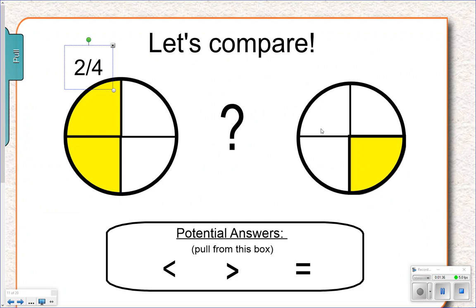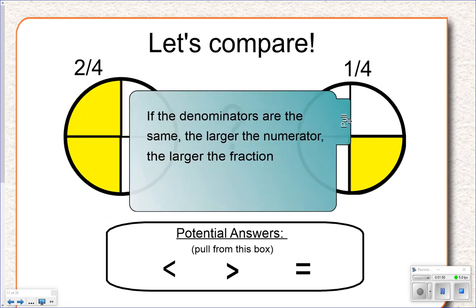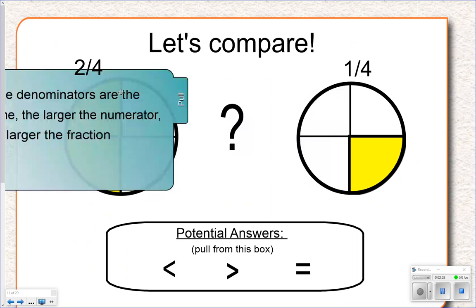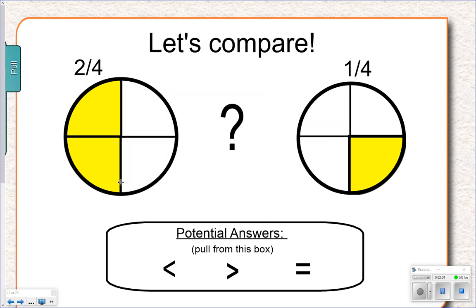And in this fraction we have 4 parts and 1 part colored, so this fraction is 1 over 4. Which one is bigger, 2 over 4 or 1 over 4? The denominator here is 4 and here is 4, the same denominator, so the larger numerator means the larger fraction.